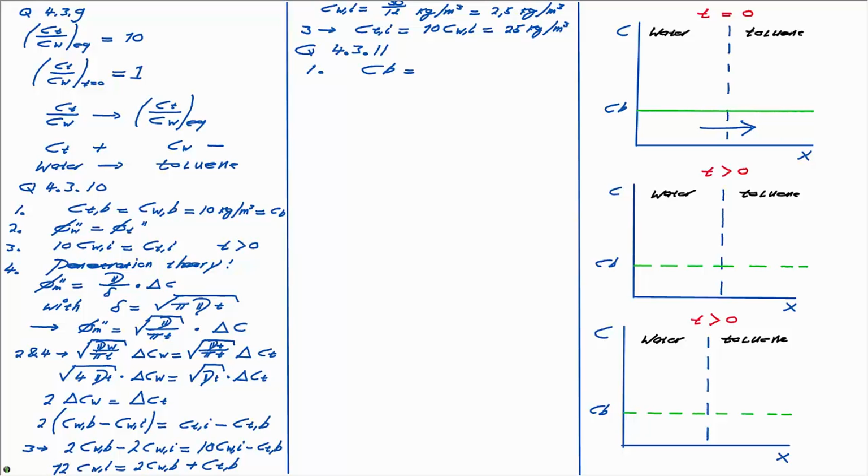Bulk concentrations far from the interface will still be at Cb is 10 kilograms per cubic meter. And 3. At the interface, the equilibrium condition is effective immediately. So here we have 10 times Cwi is Cti.